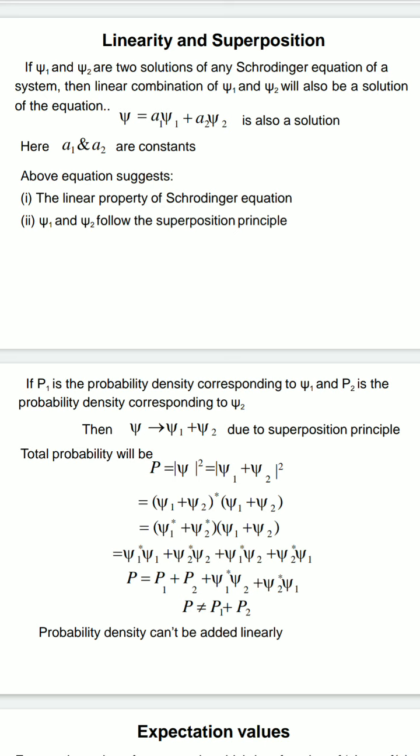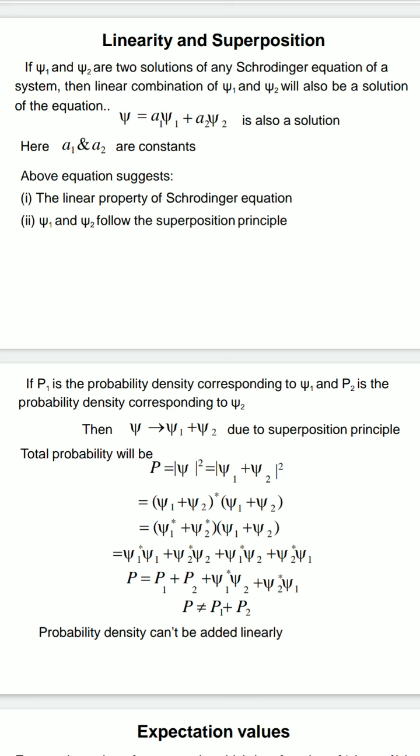The superposition principle says that if you add two wave functions, the probability density is the modulus square of the added wave function. So the probability density of psi is psi modulus square, which is psi 1 plus psi 2 modulus square. That means psi 1 plus psi 2 star times psi 1 plus psi 2, and psi 1 plus psi 2 star is psi 1 star plus psi 2 star.